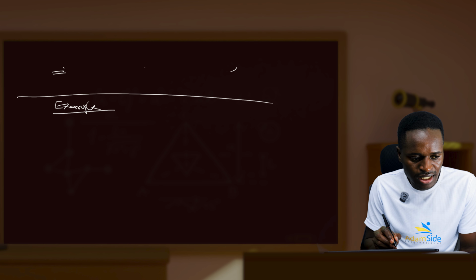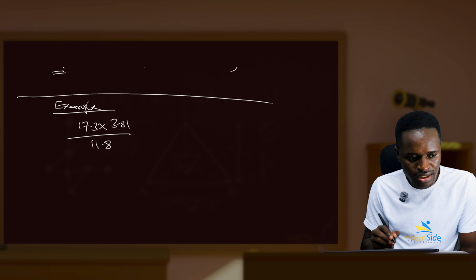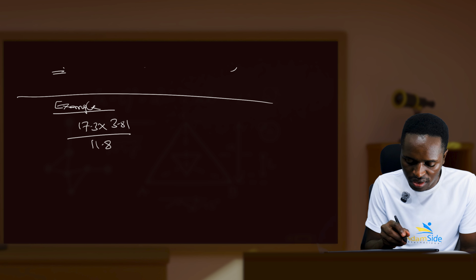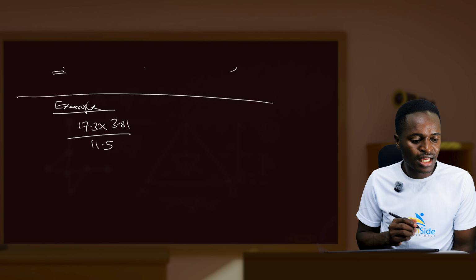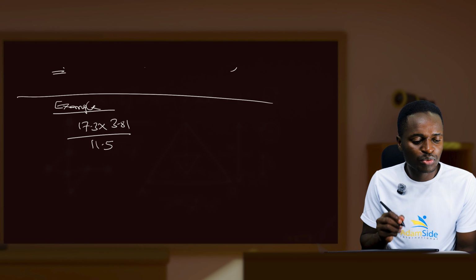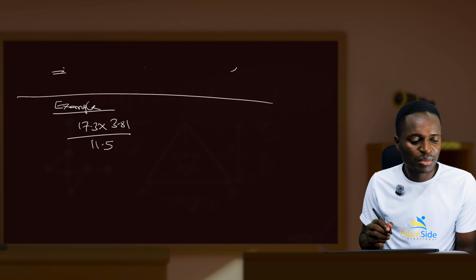In the example question, it says 17.3 times 3.81 over 11.5. Now we're given this: calculate an estimate for 17.3 times 3.81 divided by 11.5. State with a reason whether the estimate is an overestimate or an underestimate.